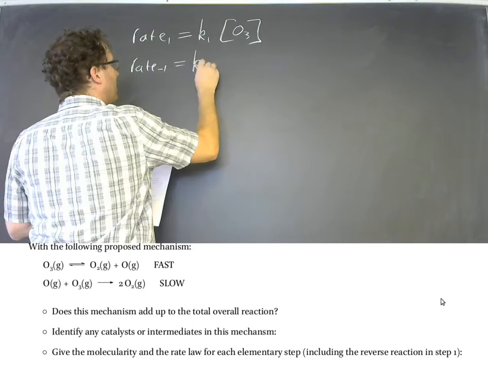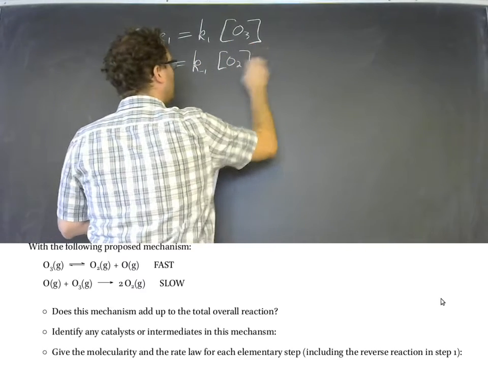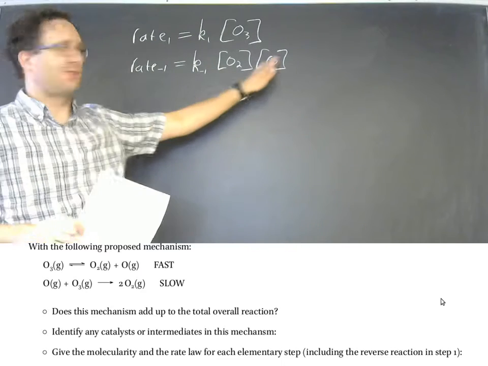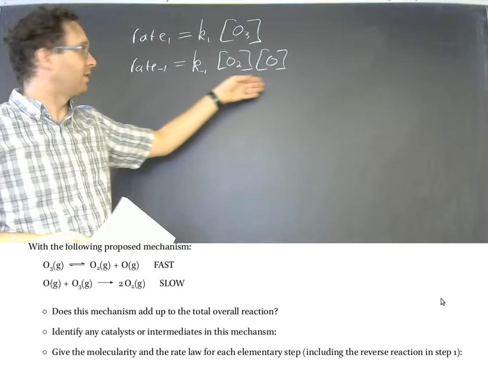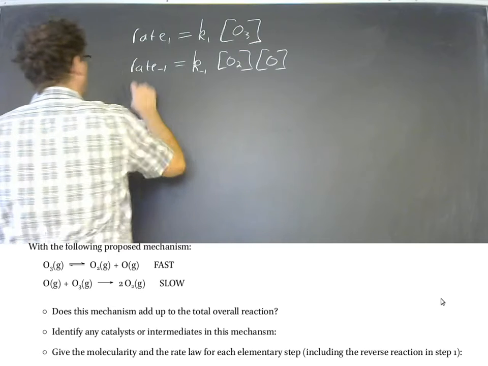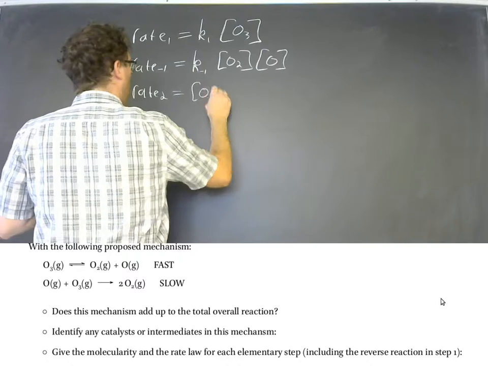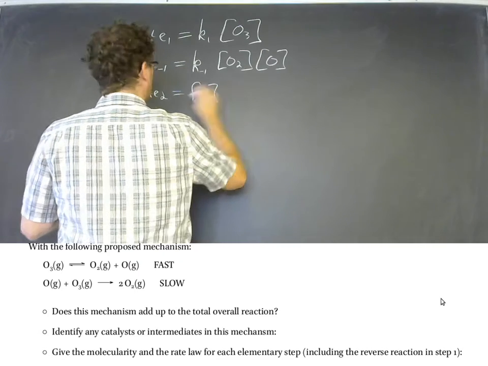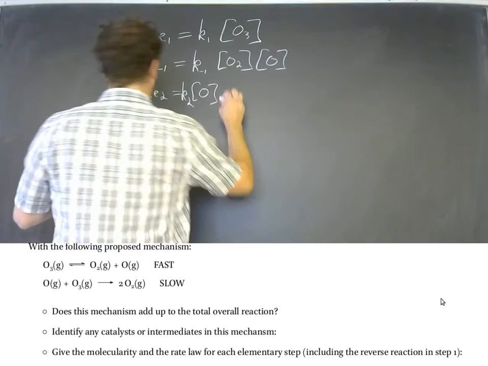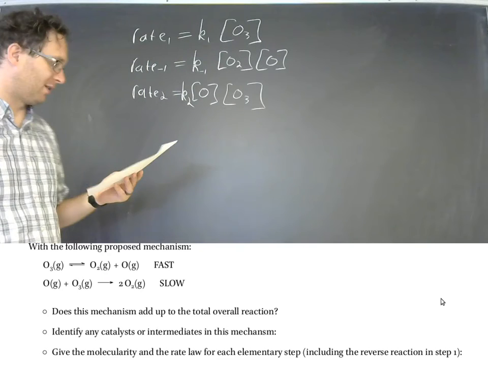That's going to be k-1[O2][O]. That's a bimolecular process. These two have to find each other in order to combine in the reverse reaction and generate O3. And then rate 2 is going to be k2, put the rate constant in front, [O][O3]. And that is a bimolecular process.